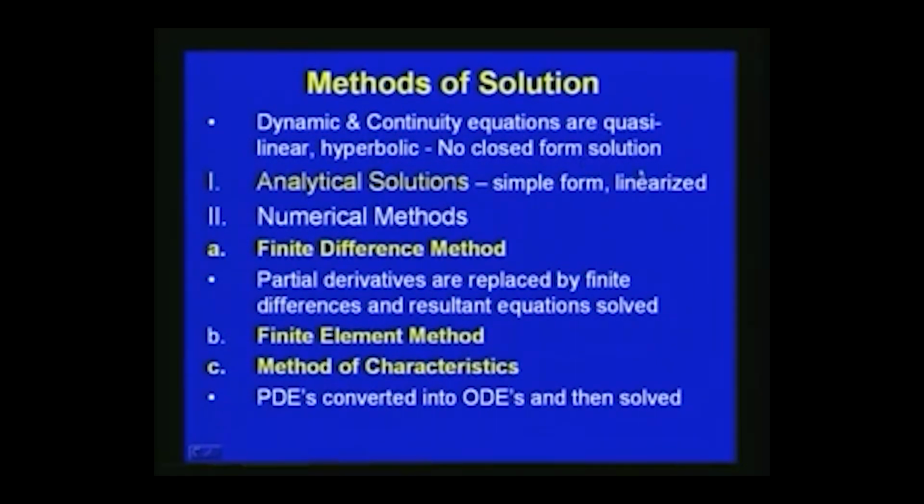So, no closed form solution is generally possible. But if you simplify the system and linearize the equations as we discussed earlier, the equations which are quasi-linear we can linearize, and if the boundary conditions are simple and the considered system is simple, then we can derive simplified forms of analytical solutions which are available in the literature.